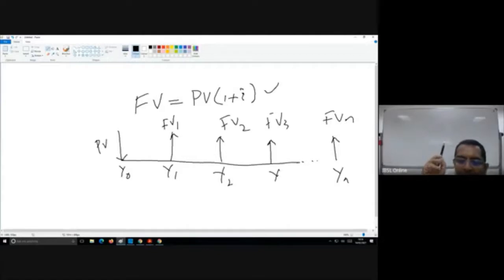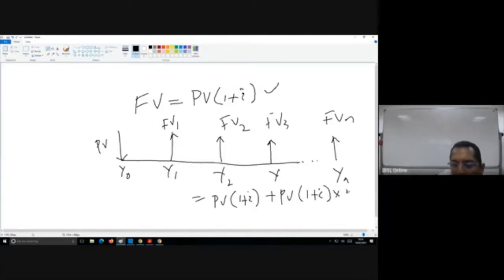Second formula, what would be the present value? It would be present value times (1 plus I), then present value times (1 plus I) into I. Is that clear?